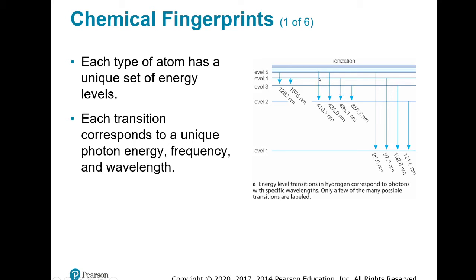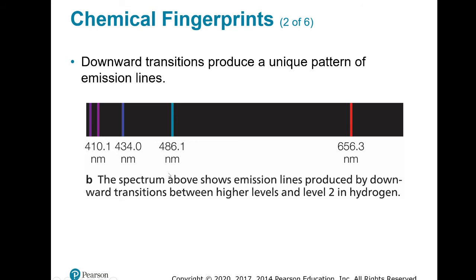And the wavelength of that photon of light is going to be equal to the difference between those two energy levels, okay? This is going to produce what we call an emission spectrum. And again, like the absorption spectrum, this is unique to the gas or the identity of the atoms that are emitting the light, right?